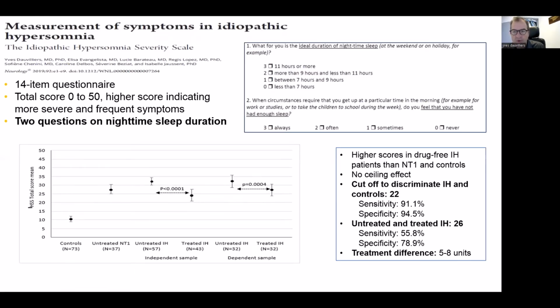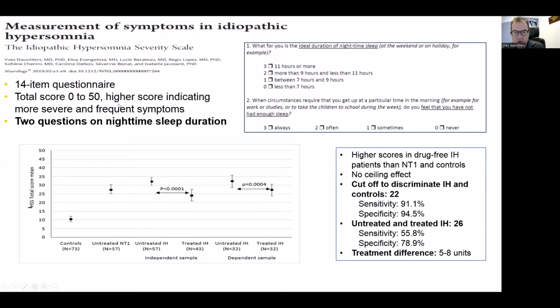So we proposed, and I think it's nice, a questionnaire published 2 years ago in Neurology. It's a self-reported questionnaire, 14 items to quantify from 0 to 50 the different symptoms related to IH.